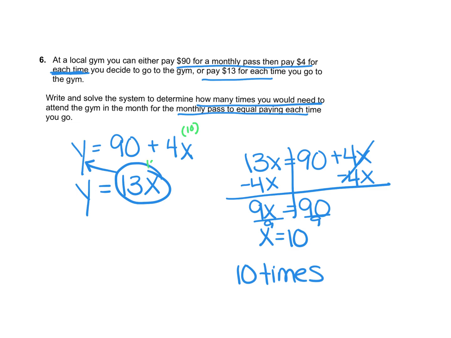And if I plugged in 10 here, I have 10 times 13 is also 130. So going to the gym 10 times, you're going to pay the same amount as being a member versus a non-member. So in this lesson, we took a look at how to solve systems through substitution.